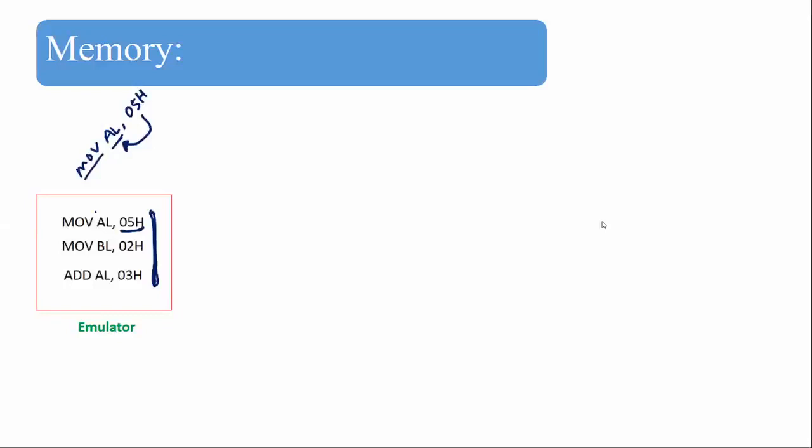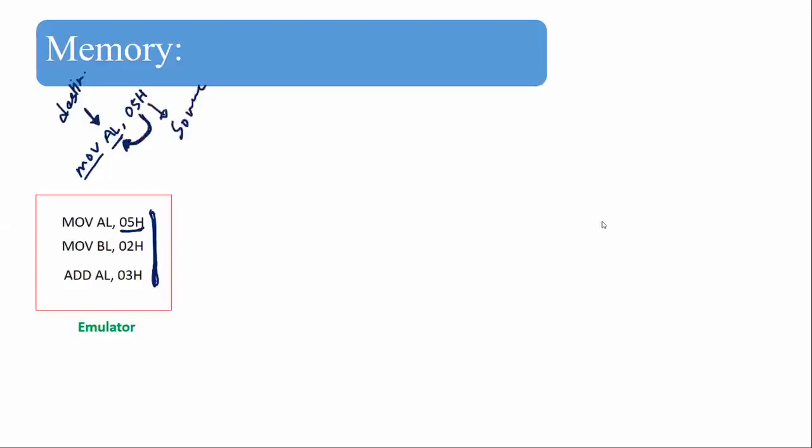That is the instruction that will take some value to somewhere. The first one is your destination, where the value will come, and the second one is your source. So that means 05H will be moved to AL.